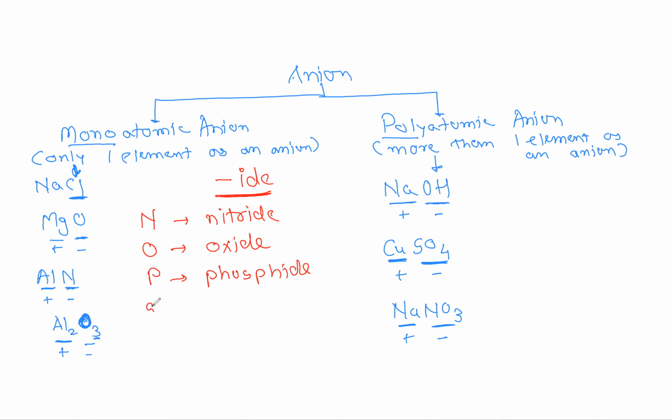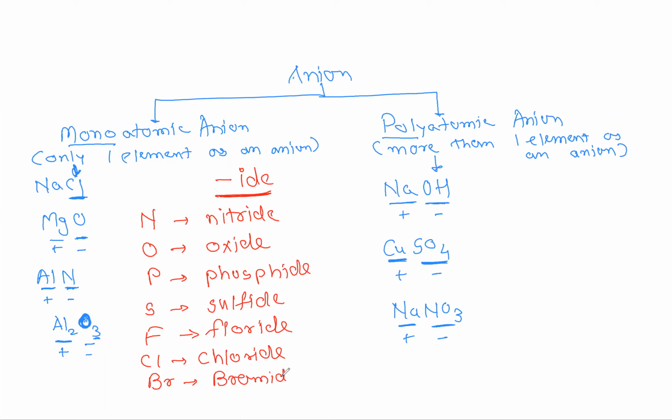If it's sulfur, sulfide. You already know fluorine would be fluoride. Chlorine would be chloride. Bromine would be bromide. I just don't have space, so I'm going to write it here. Iodine would be iodide.